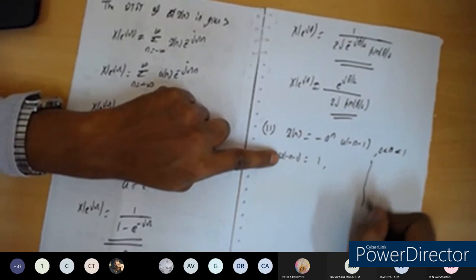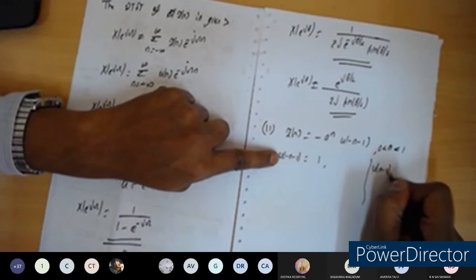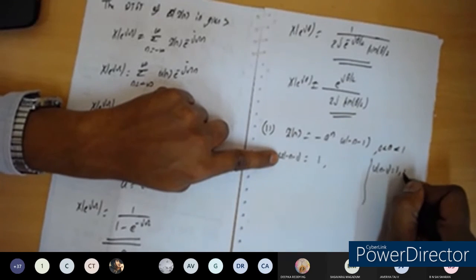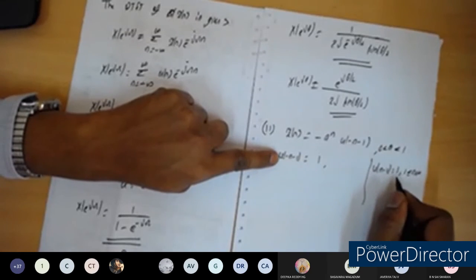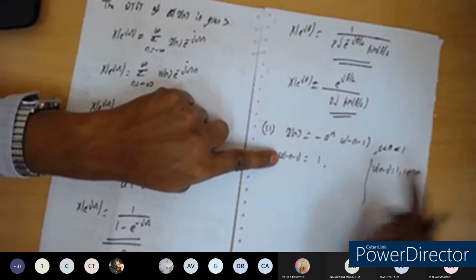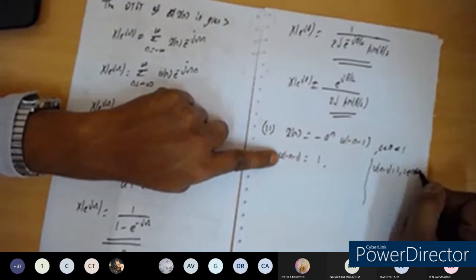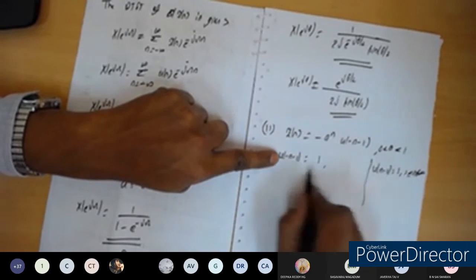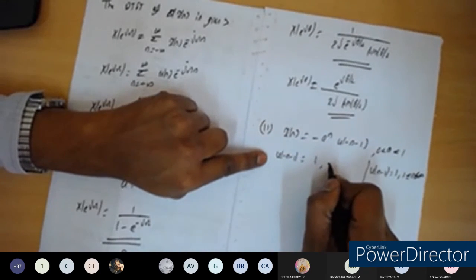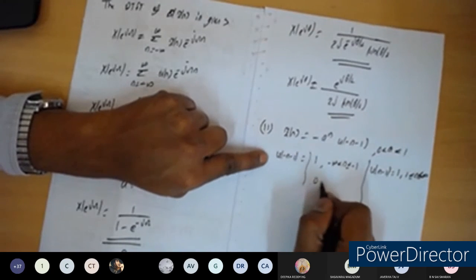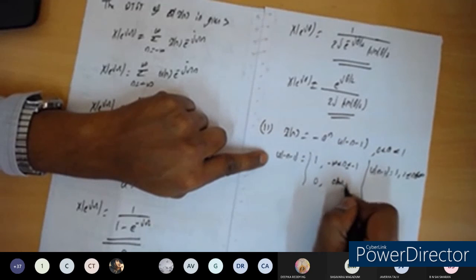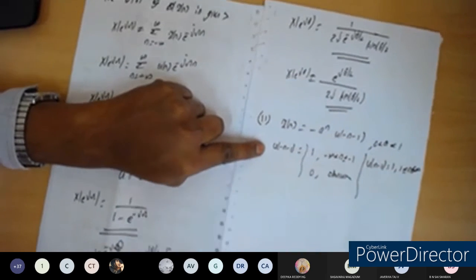Let me write here. We have u of n minus 1 equal to 1 for 1 less than or equal to n less than infinity. When you take the reflection, this will go to the negative side, so it is equal to 1 when minus infinity is less than n less than or equal to minus 1, and equal to 0 otherwise.